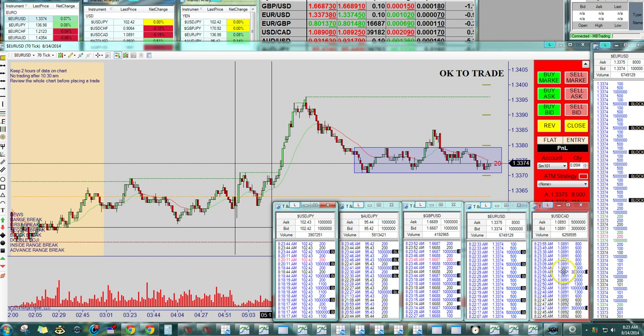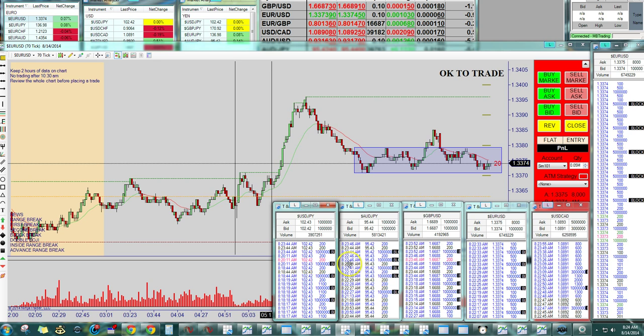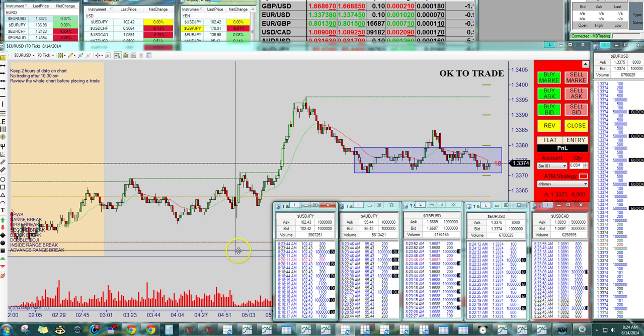And I watch these for a few minutes and see how the trade volume's coming in on those. A lot of times that'll give me a heads up that the Aussie yen may be taking off, with a lot of trades going through. Then I'll switch over to the Aussie yen chart and see if I can get a trade in there. But of course right now it's slow across the board. We've still got 6 more minutes before that US data comes out.